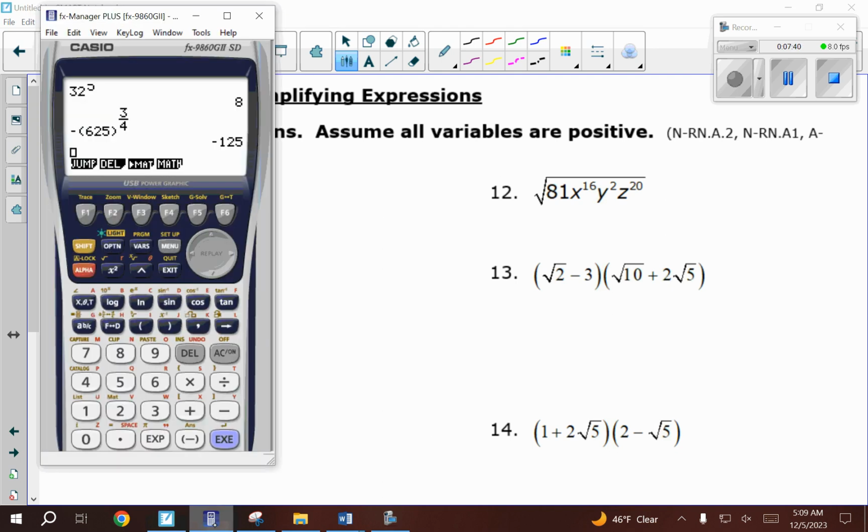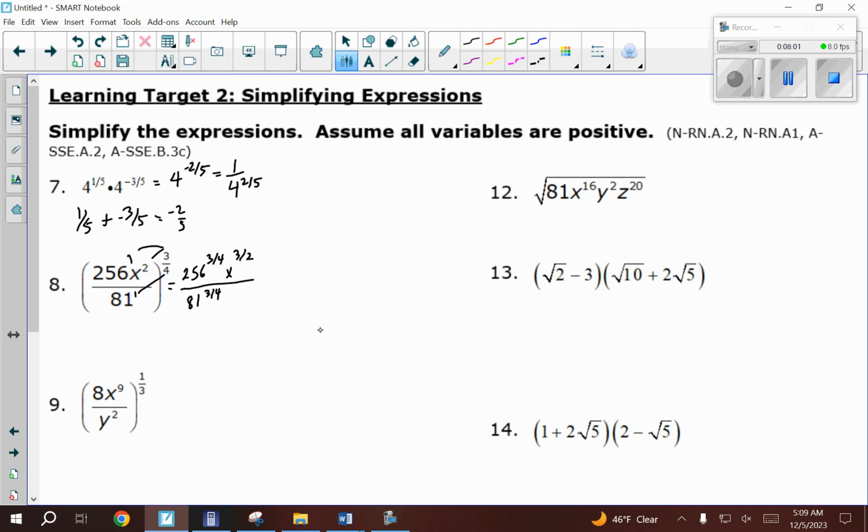So you're going to get 256 to the 3/4 power, 3 on top, and 4 at the bottom. So that gives you 64.